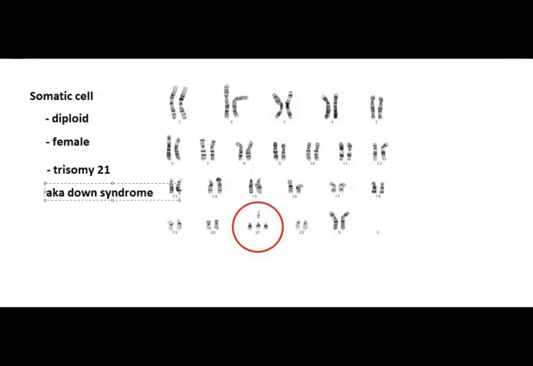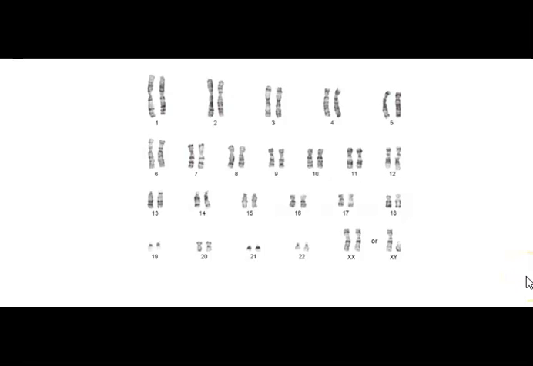Extra chromosomes present extra genetic information that our bodies just don't know how to deal with. So, ideally, you'd want to have a person with a normal karyotype, which is 23 homologous chromosomes, otherwise known as 46 chromosomes making up the human genome.